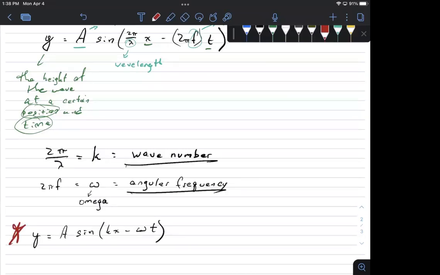And as I said, with this, I can give you a certain wave. I could say, okay, you have a water wave whose maximum height is 4 meters. It's got a wavelength of, let's say, 3 meters and a frequency of 20 hertz.